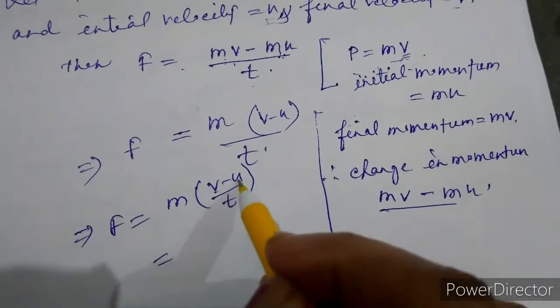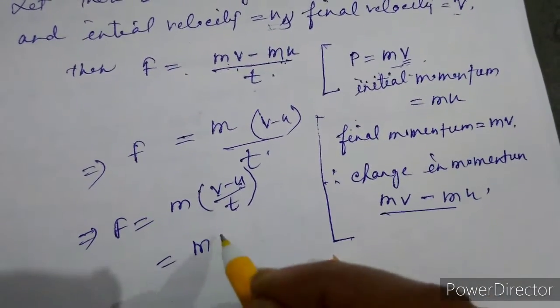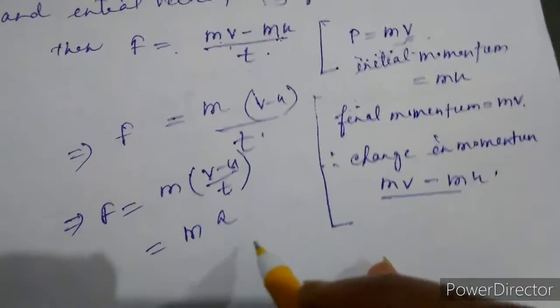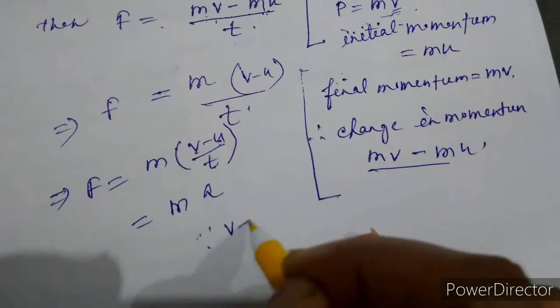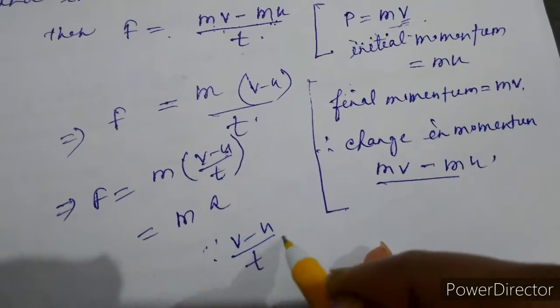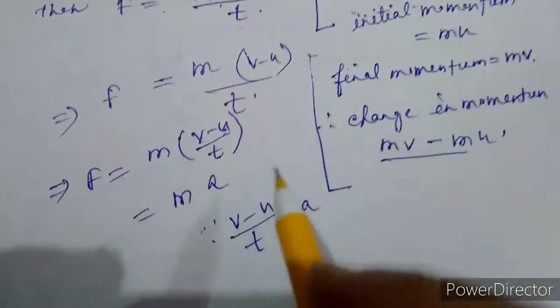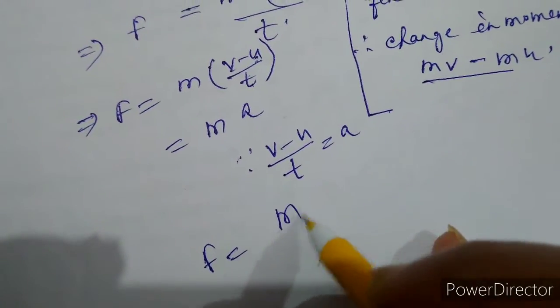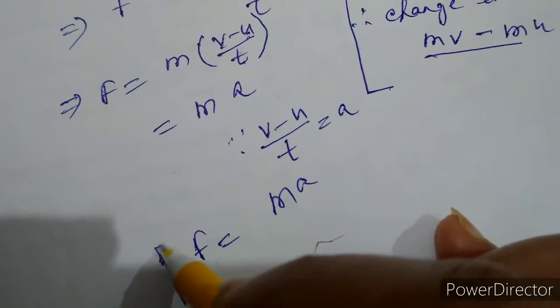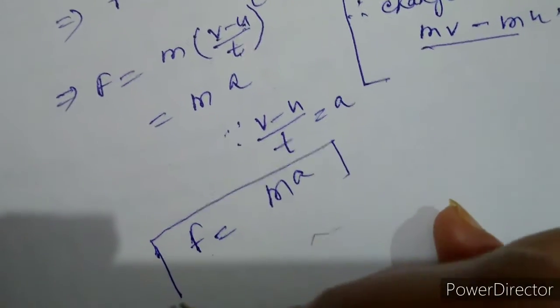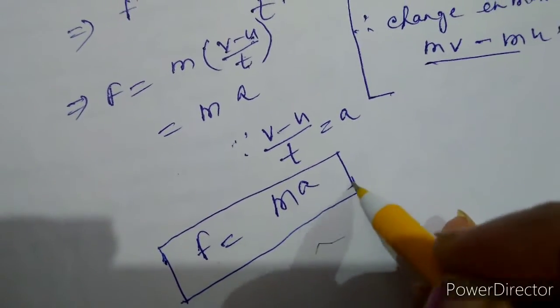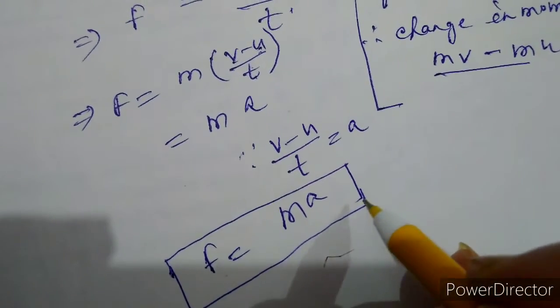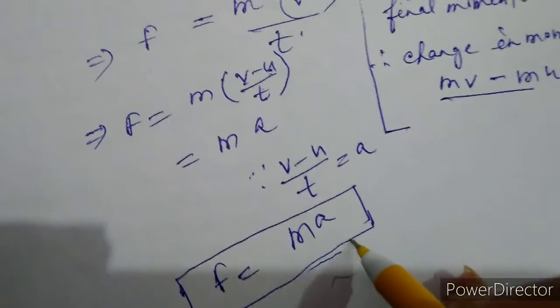It is the rate of change of velocity, which is acceleration, so we write a. Since v minus u divided by t is equal to a, from here we got F is equal to ma. This is Newton's second law of motion. So from this second law of motion we get the formula of force.